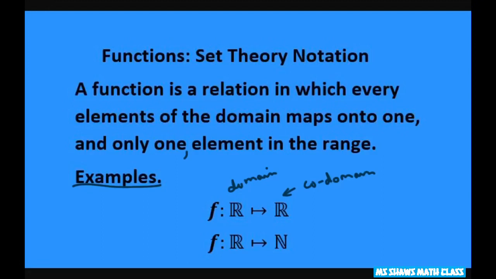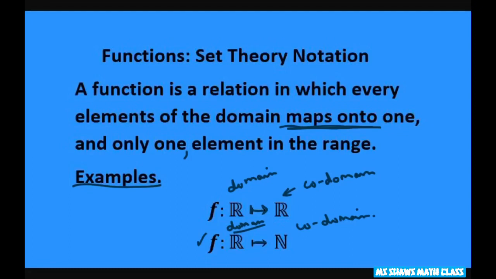And this means maps onto. So in this second one, the domain would be all real numbers. The domain maps onto the codomain, which in this case would be natural numbers.